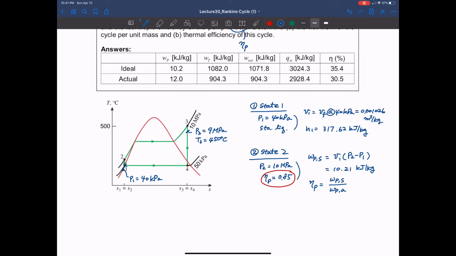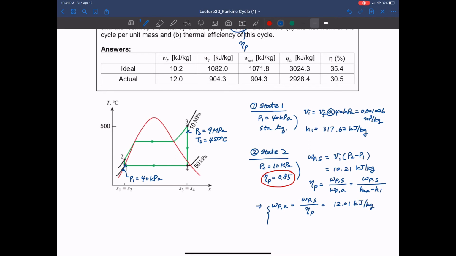We don't have to write the old WPS because you already know the number, and actual pump work can be calculated by H2A minus H1. Here, 2A is the realistic exit condition of the pump. So from this relation, WPA can be calculated as WPS divided by pump efficiency, which is 12.01 kilojoule per kilogram.